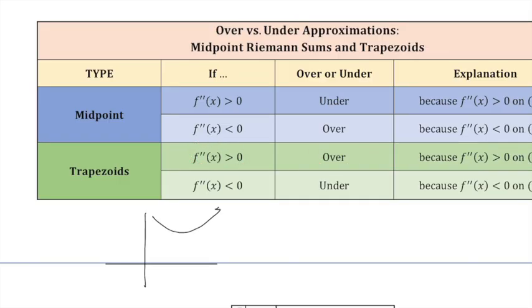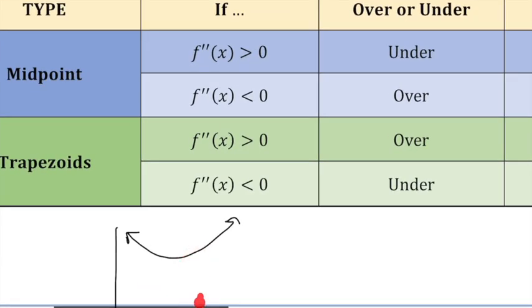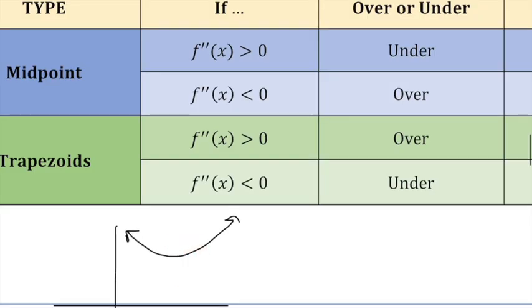So let's draw concave up and see. So if you do this, I guess it's kind of hard to tell right there, but there's going to be a slight bit over with concave up. So trapezoids, if it's concave up, you're overestimating.